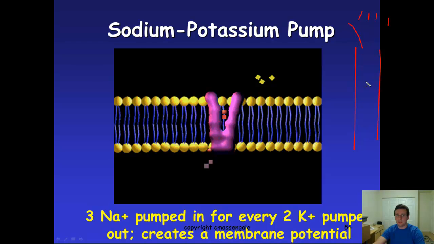So if I put, say, a gate here that has to be spun every time one of these molecules comes through, like a turbine, that can capture the energy from the gradient, the potential energy, into kinetic energy. Now, that energy can produce the energy necessary to move another molecule the opposite way. So now, this molecule should definitely also be inside because there's a lot more of them on the inside.